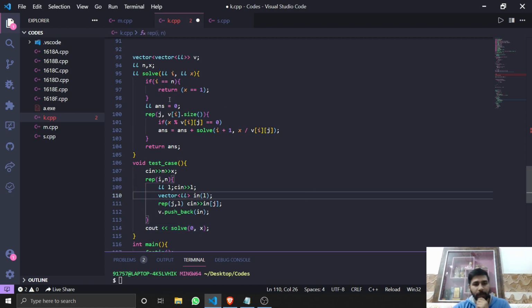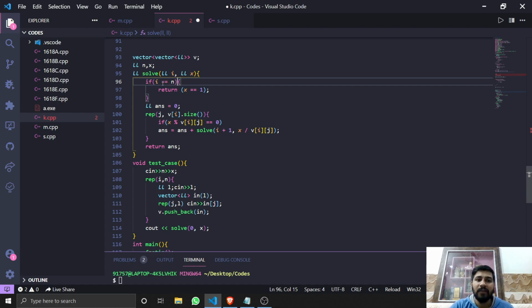Now what do I do? This first statement is the base case. What does this state? It states that if I have covered all my bags, such that i has become equal to n, that is, I have covered all my bags from 0 to n minus 1, then the n numbers that I have picked are a valid collection only when x is equal to 1 after dividing x by the product of these n numbers.